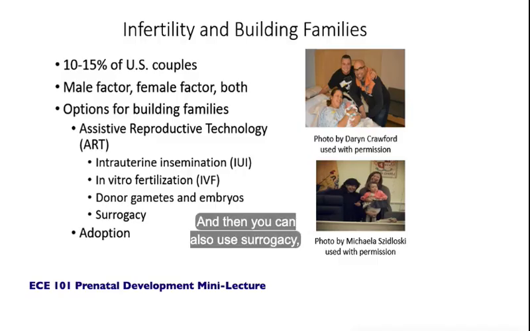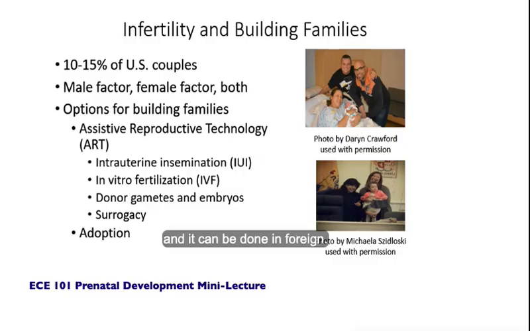And then you can also use surrogacy, which is where a woman carries the baby for someone else. And then there's also the way of building your family, even if you don't experience infertility, which is adoption. That can be done through foster care, privately, through public agencies, in the U.S., and it can be done internationally.